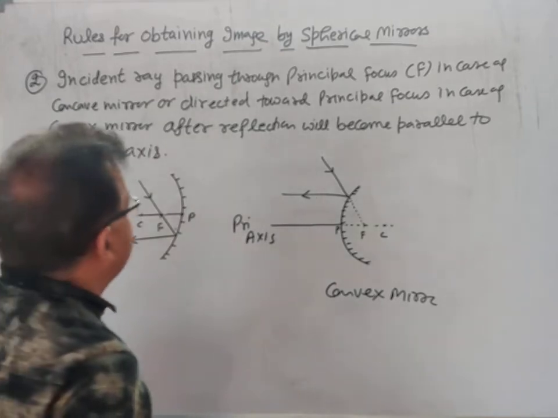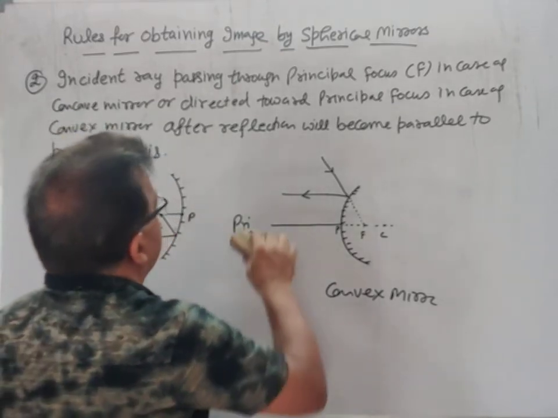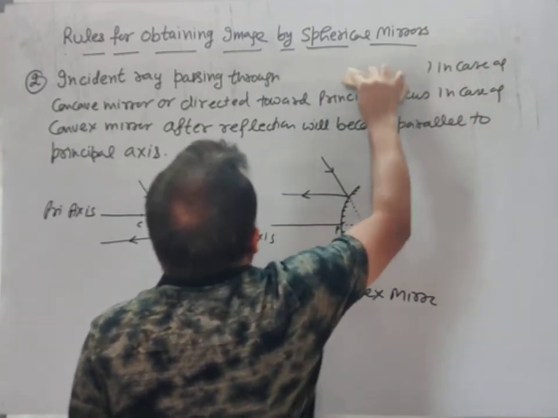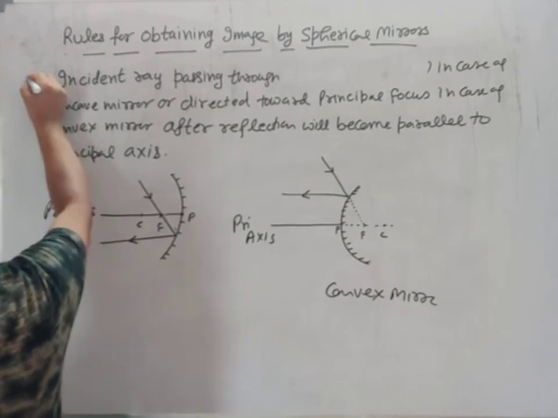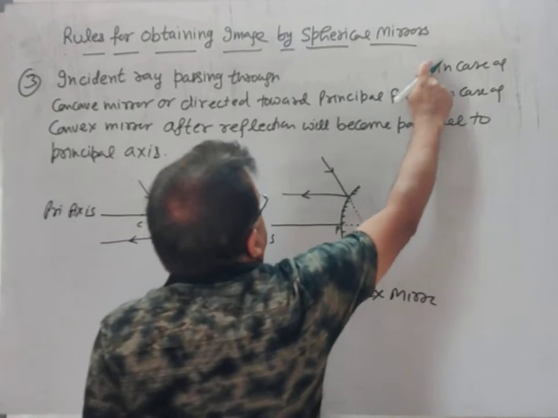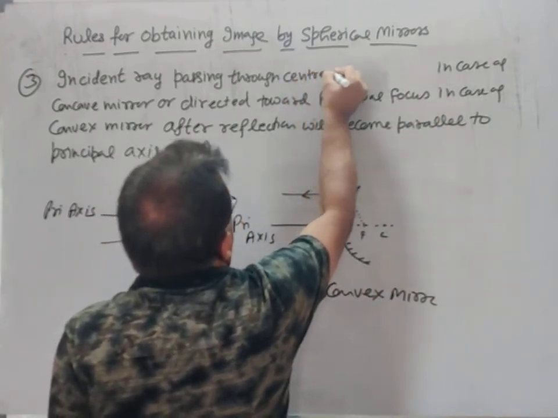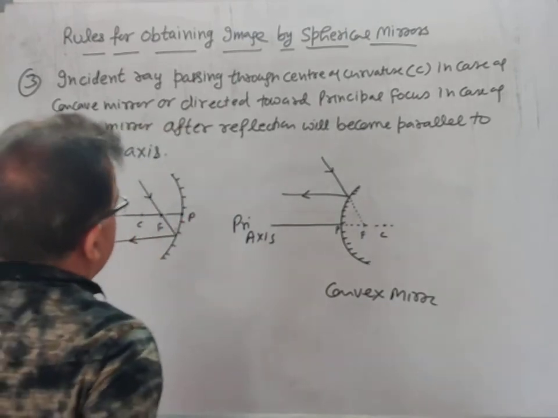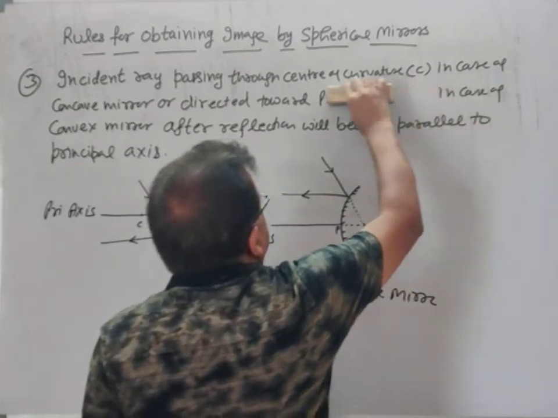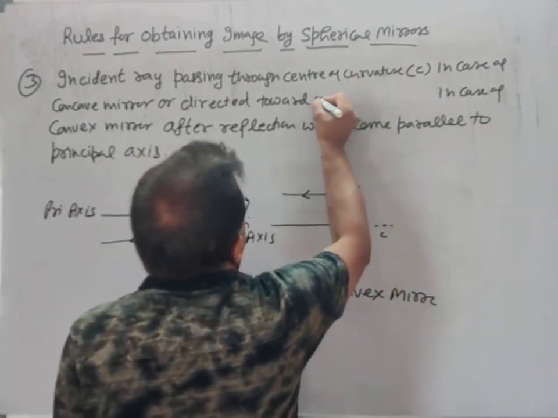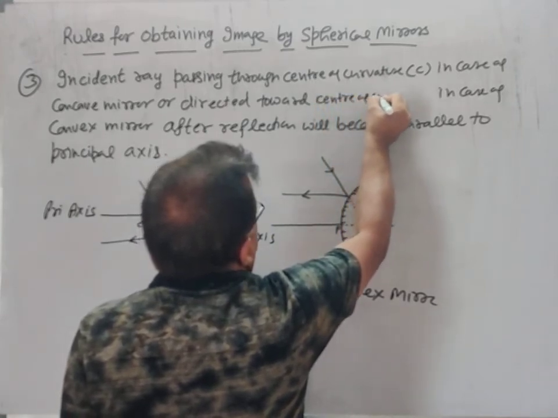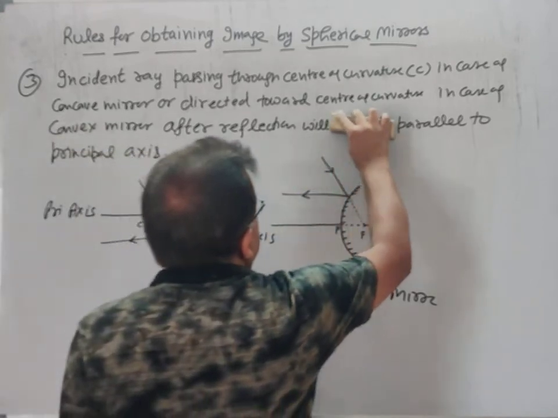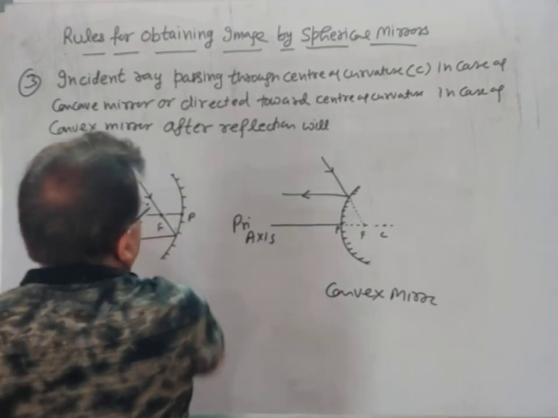Now next is rule number 3. Incident ray passing through center of curvature, that is C, in case of concave mirror, or directed toward center of curvature in case of convex mirror, after reflection will return along the same path.